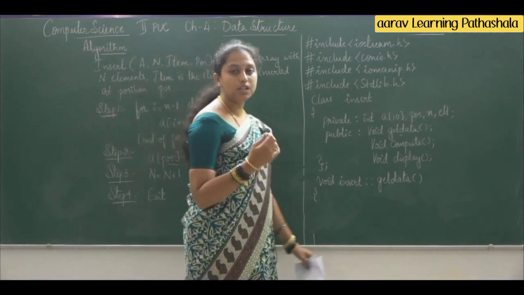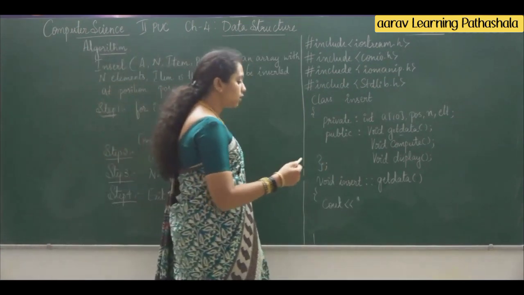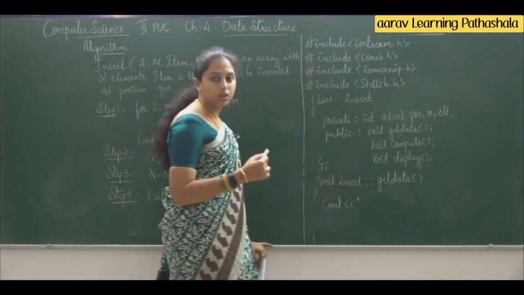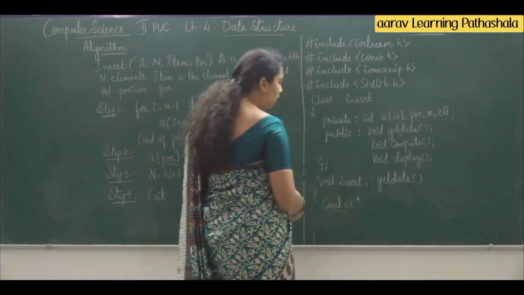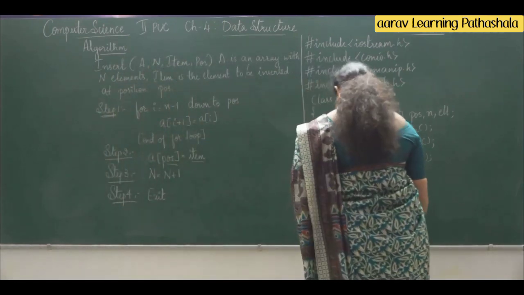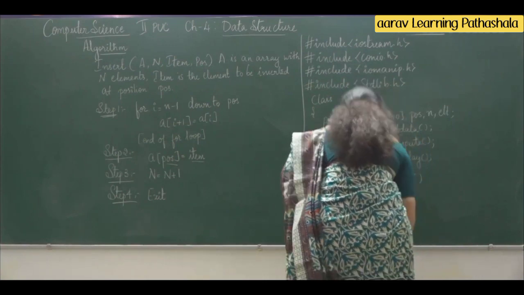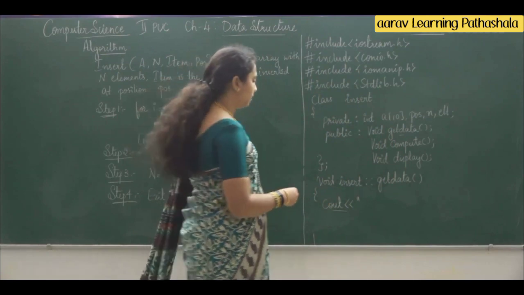First we have to accept the size of an array. We have to enter the size of an array. So I want to display it on the display screen. So for that I am using cout statement to display the data on the screen using this insertion operator.